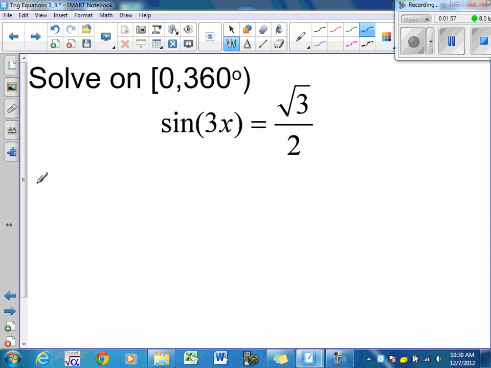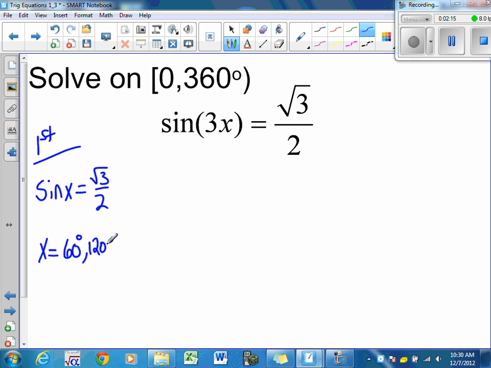First thing I'm going to do is solve sine of x is square root of 3 over 2. That's first. And sine of square root of 3 over 2, I want to use degrees here, is 60 and 120. So your first step is to solve it like we did before in the last homework. And then I say, well, 3x equals my answers.